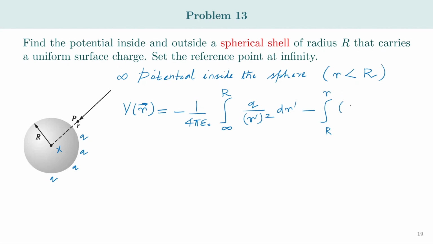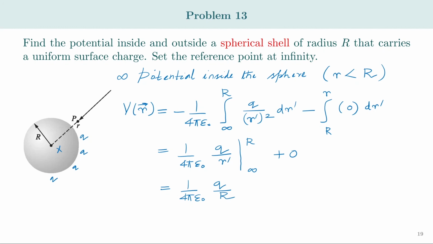In this case, we know that the electric field is 0, dr'. When we integrate, this is equal to 1 over 4 pi epsilon 0 q over r', and the integration limit is from infinity to R plus 0. This is equal to 1 over 4 pi epsilon 0 q over R.